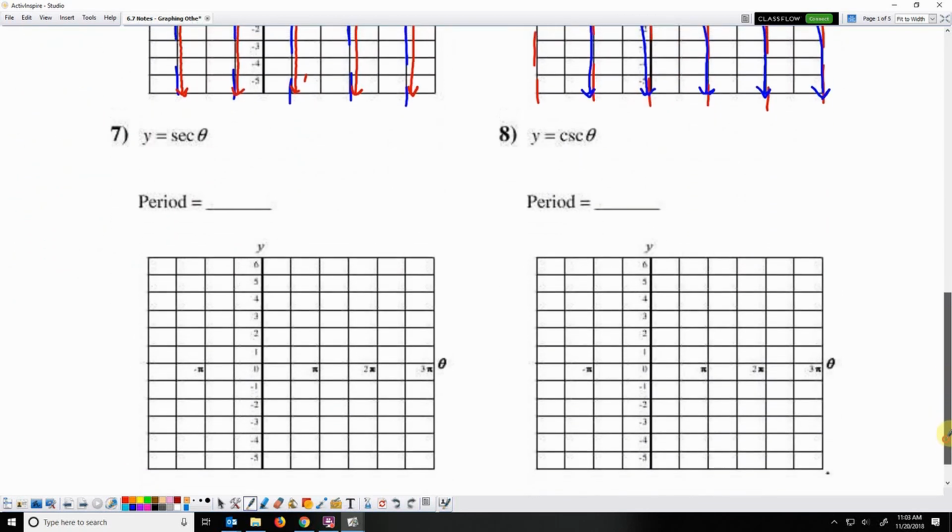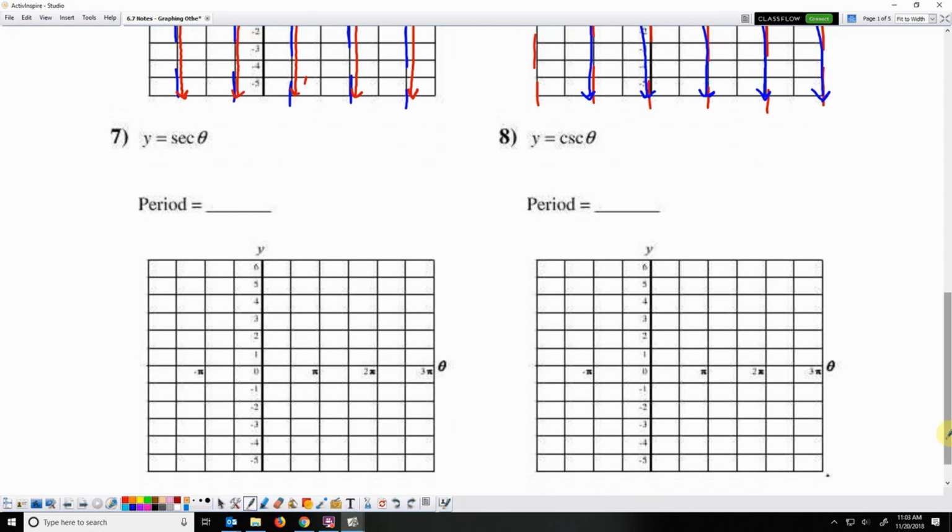So the next graph we will do is a secant graph. Y equals secant theta, which is 1 over cosine theta. So cosine theta cannot equal 0. So we'll graph a cosine graph, starting at the vertex.